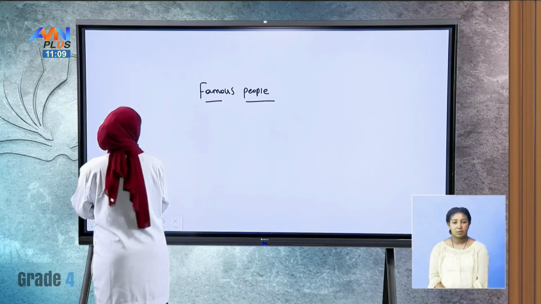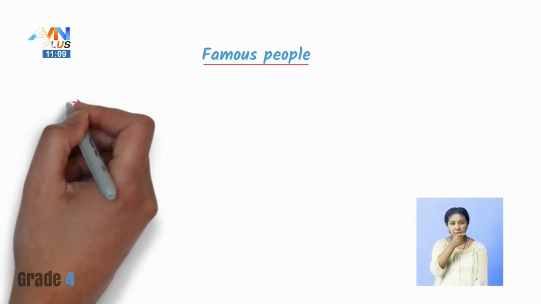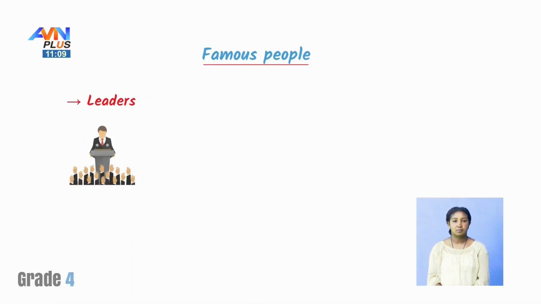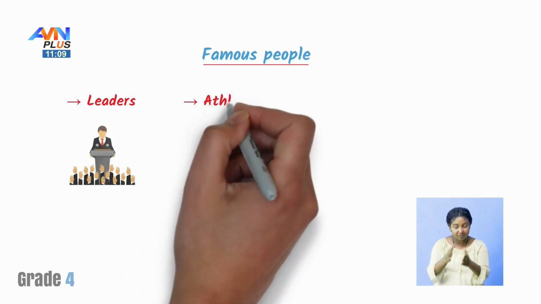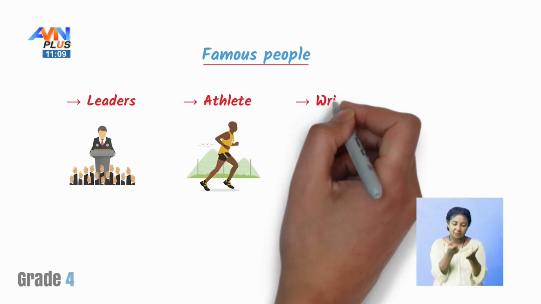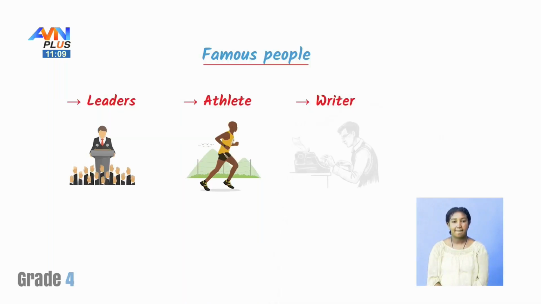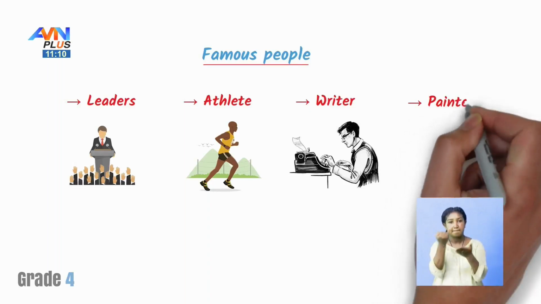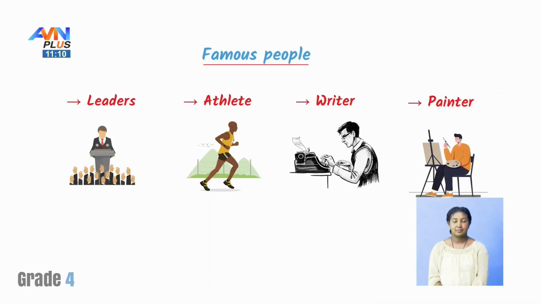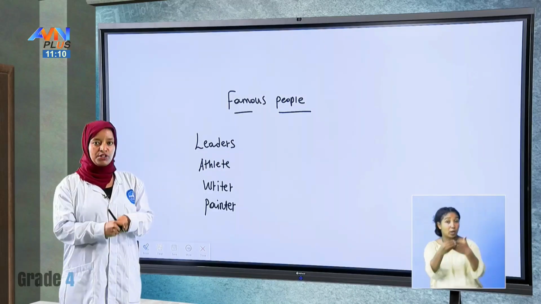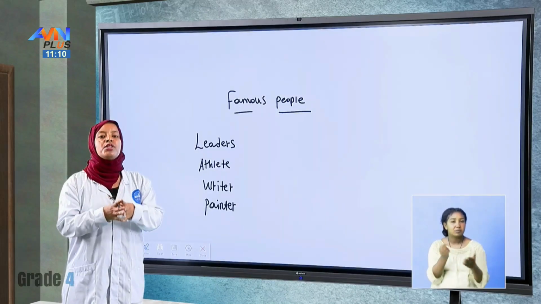When we come to famous people in Ethiopia, maybe they are leaders, athletes, writers, scientists, and painters. Leaders are those who lead our country, like prime ministers and presidents.